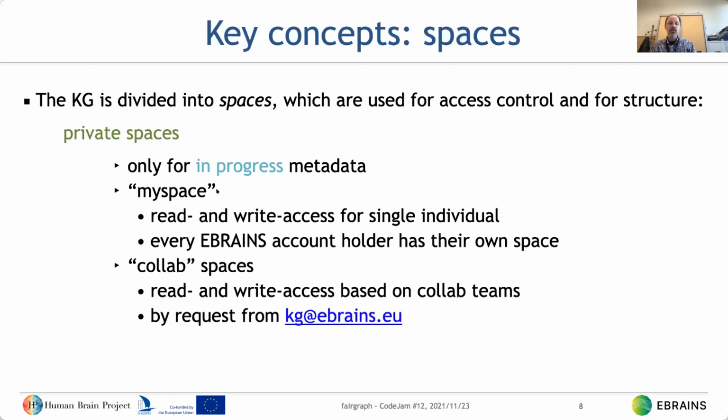Each individual with an EBRAINS account has read and write access to this space. In addition, you can request from the knowledge graph team the creation of a collab space. Then for any existing collab that you have, a space is created which uses the same access control as that collab. So if you add someone to your collab with editor permissions, they will have write access to this collab space in the knowledge graph.